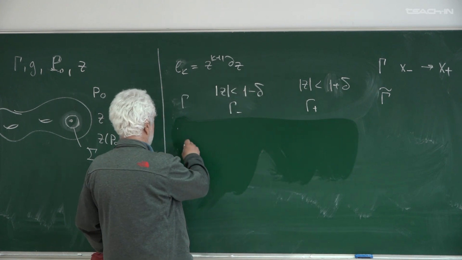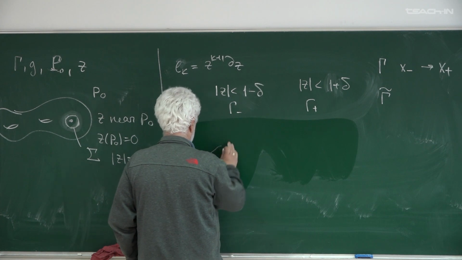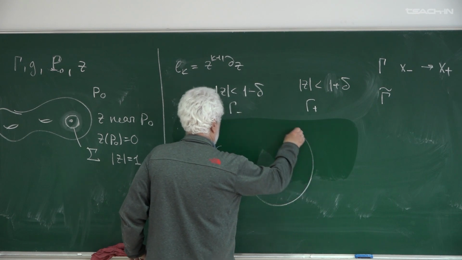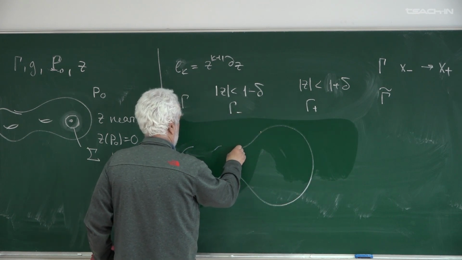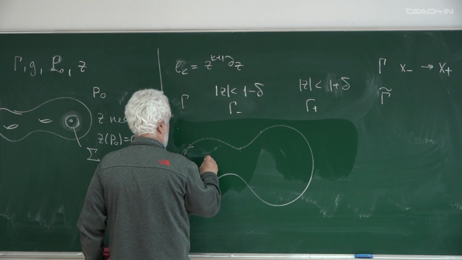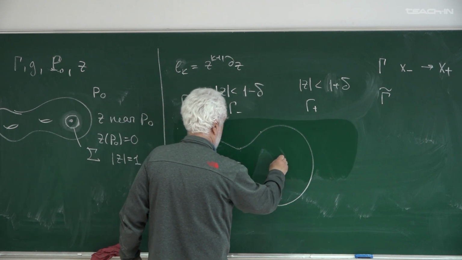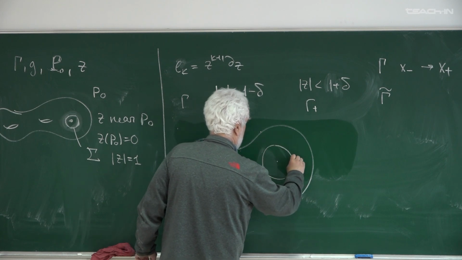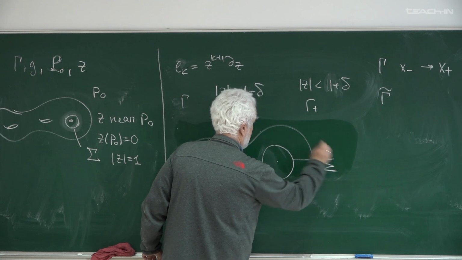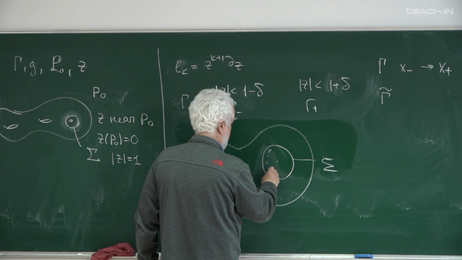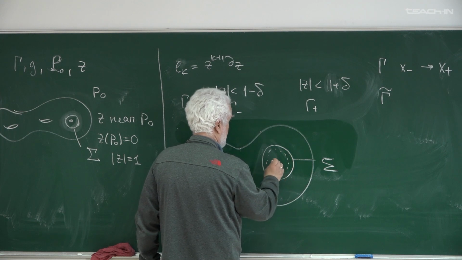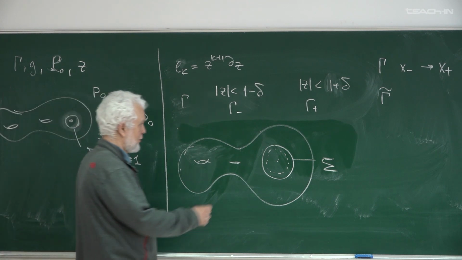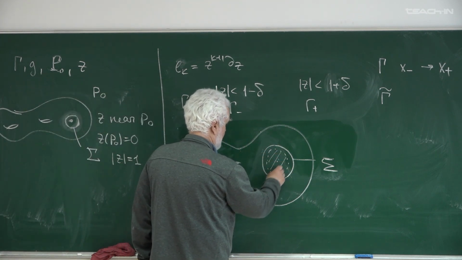Okay, let me magnify the picture a little. Sigma. Disk sigma. This is the hole, you see. The hole is a little small, but we removed it.